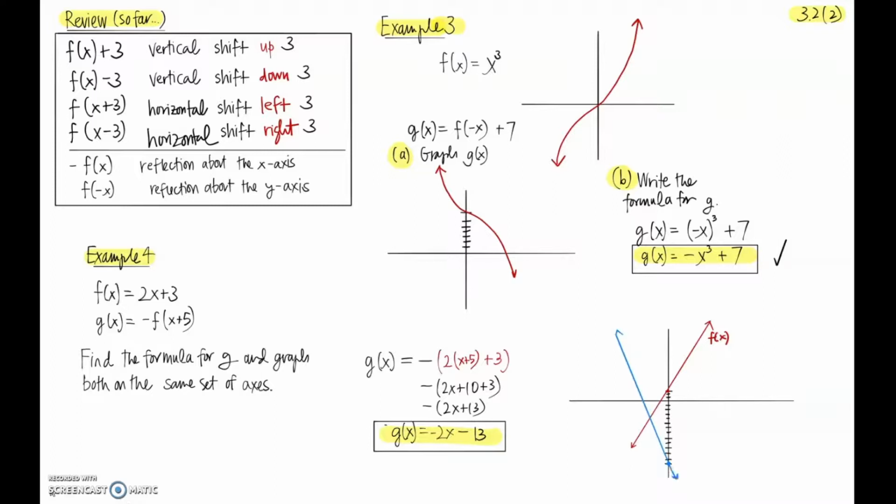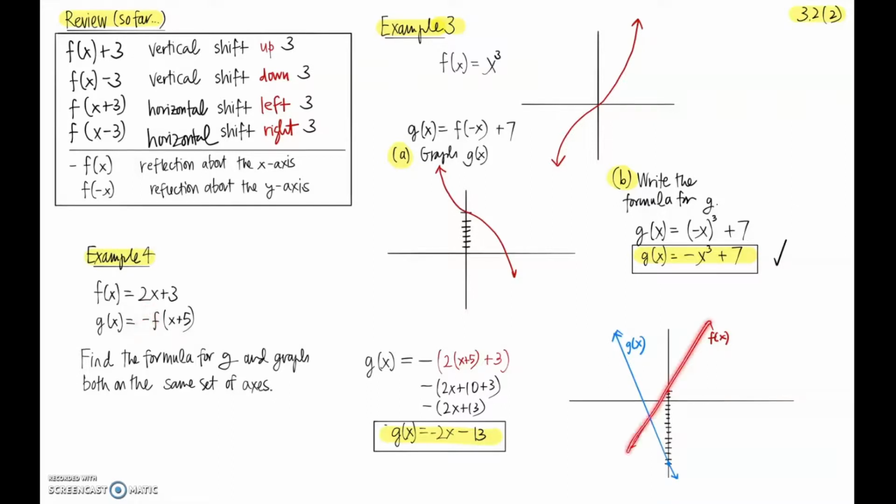So then we need to ask, is it reasonable that this f of x, the parent function, once it went through this transformation, should look like this? And it is reasonable. The first thing that happens is a shift left 5, and then we do this reflection about the x-axis, a vertical reflection.